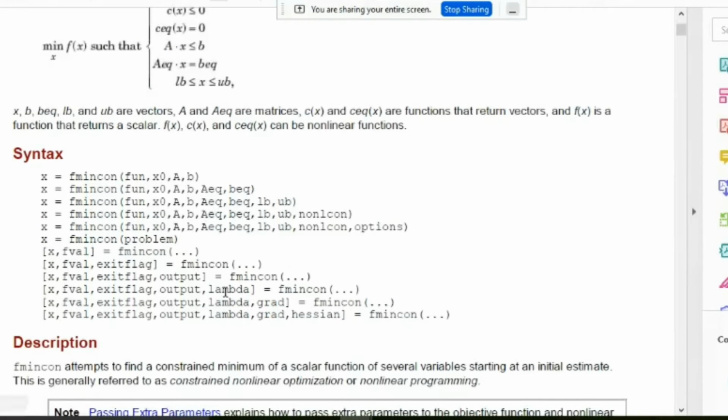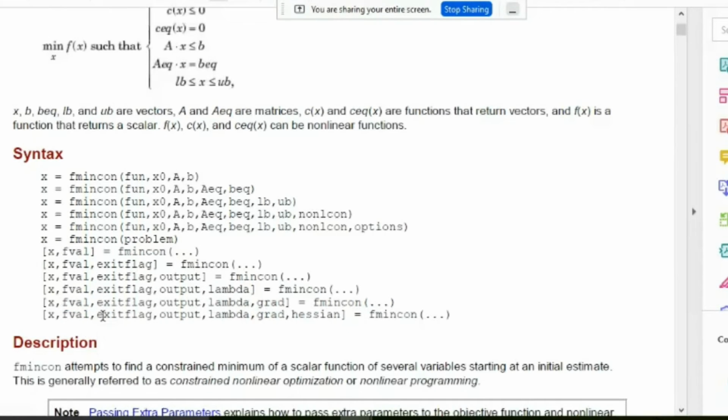Now, the syntax for this fmincon, minimization of constrained optimization problems. These are the output arguments. x specifies the values of the various decision variables, the unknown variables. Then fval specifies the value of the objective function.